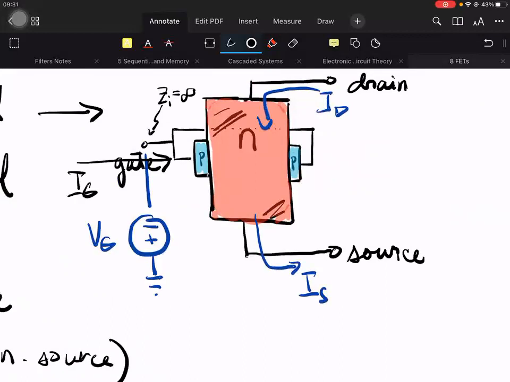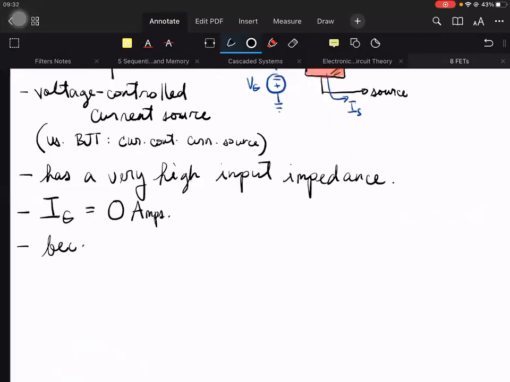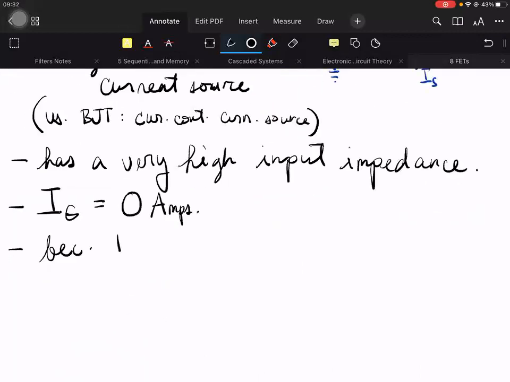IG will flow in that direction. So IS is equal to IG plus ID. Remember in the BJT, IE equals IC plus IB.